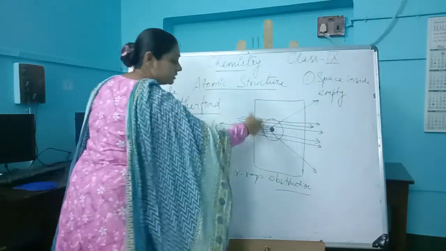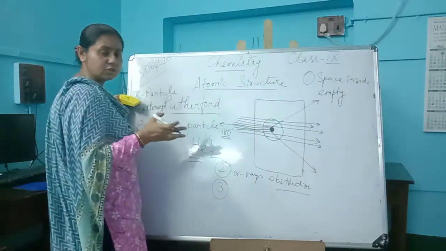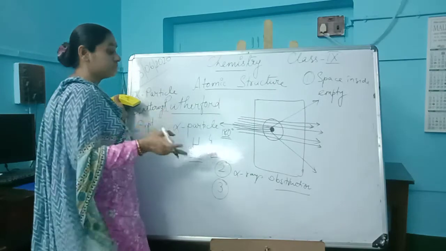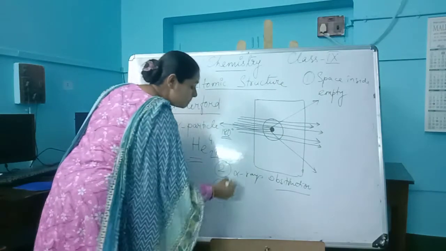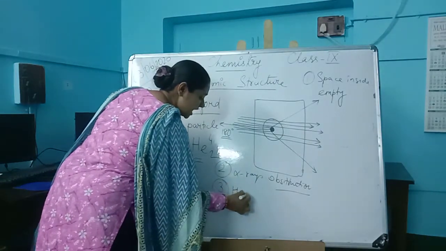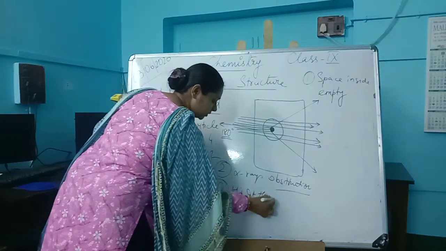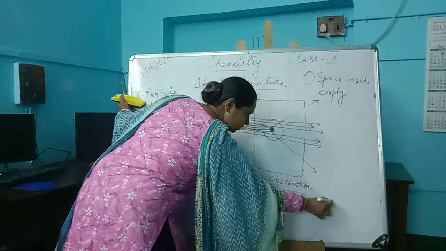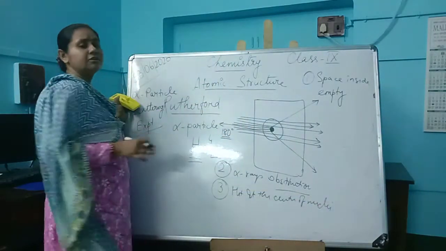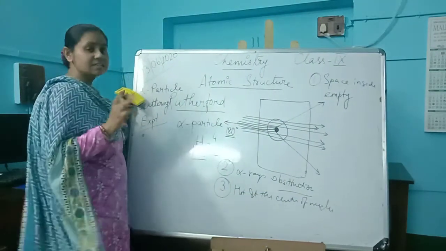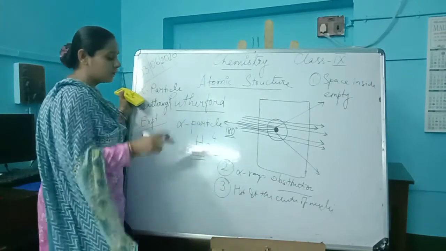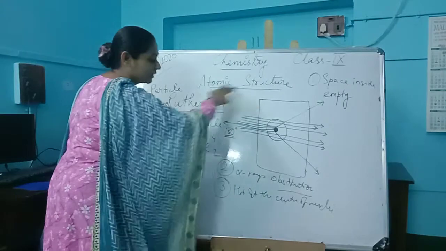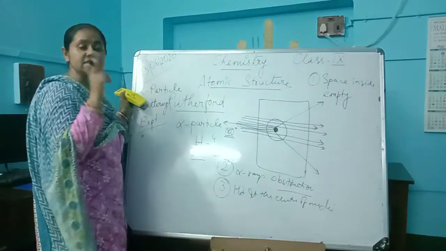Some of them struck against the sides of the nucleus, that is why they got deflected into different directions, and very few of them might have hit the center of the nucleus, because of which the rays got deflected through 180 degrees.